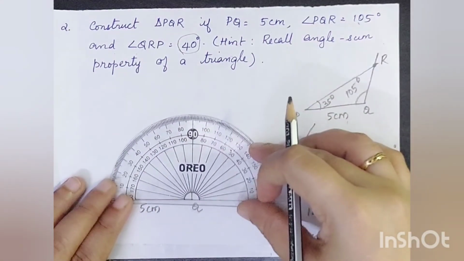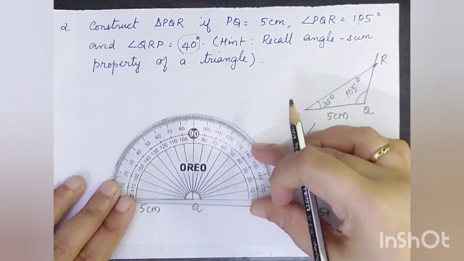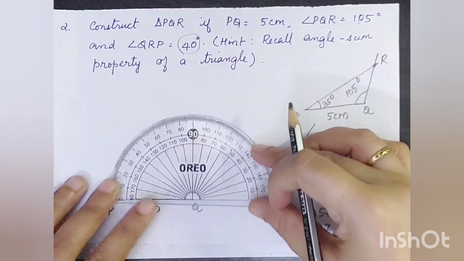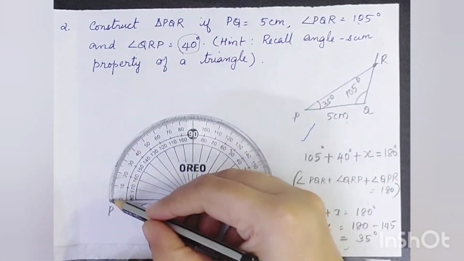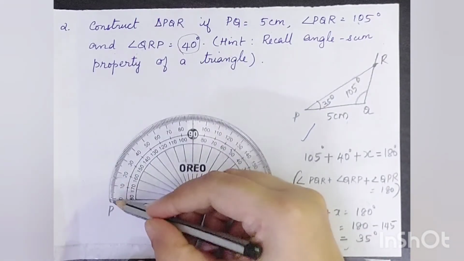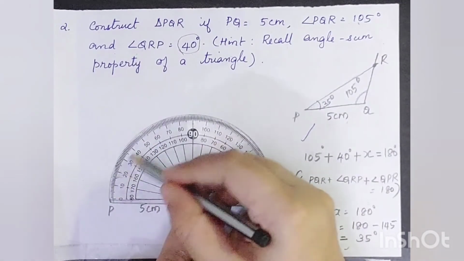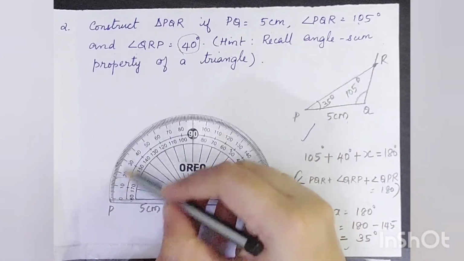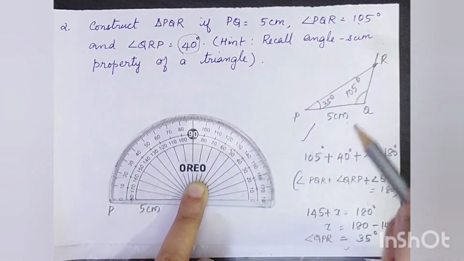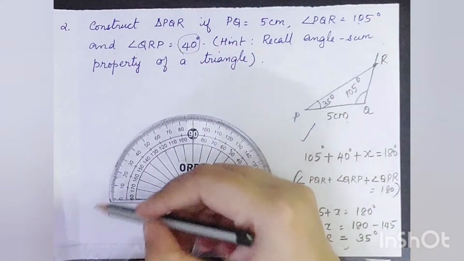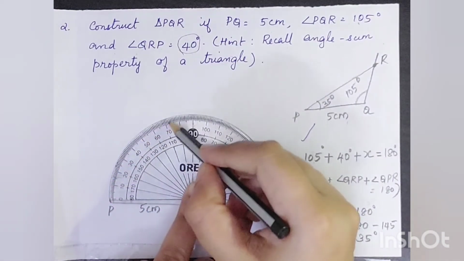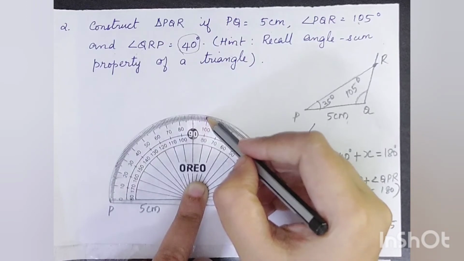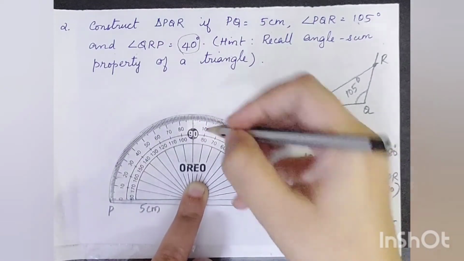Keep the protractor at Q. Okay. Now since we are taking 0 from here, we have to check the top measurements, the top marking. So how much is the angle? 105 degrees. So from here, if we start 0, 10, 20, 30, 40, here will come 100 and 105.